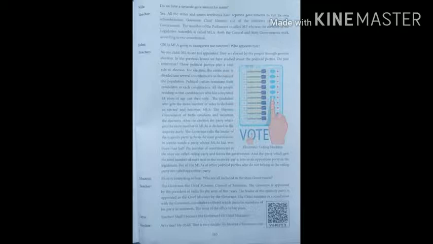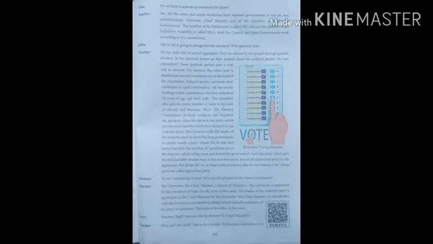In simple words, a party whose MLAs have won more than half the number of constituencies in the state is called the ruling party and forms the government. And the party which gets the total number of seats next to the majority party acts as an opposition party in the legislature.